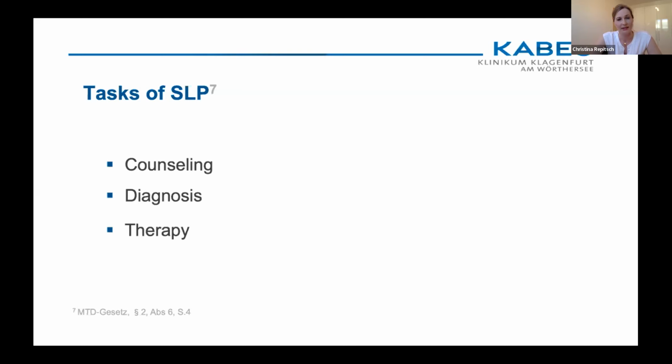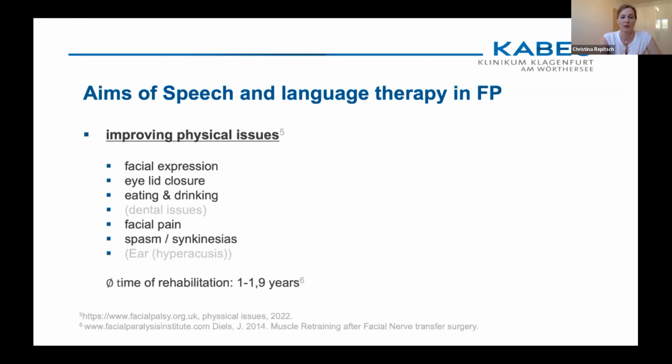This basic understanding is the precondition for the therapy because it helps the patient to understand the purpose of our exercises. And another important part of the speech and language therapy is the therapy. Through the therapy, we want to improve the following issues, like the facial expressions.